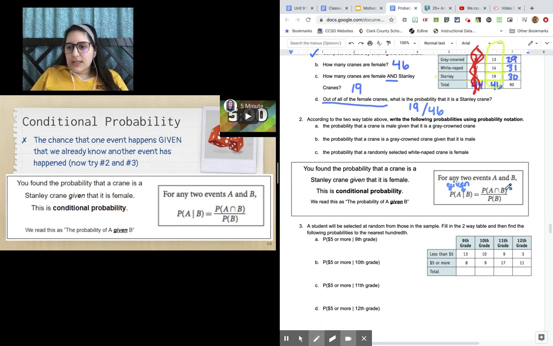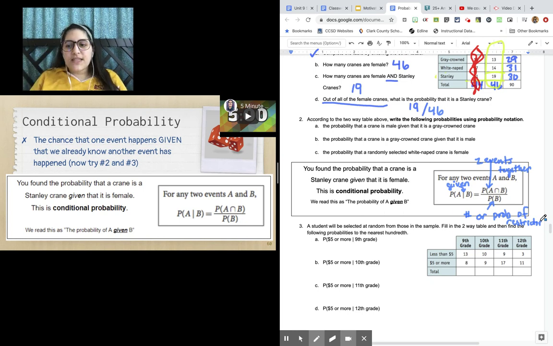This right here is the two events together, and then on the bottom, this is the number or the probability of the restriction.